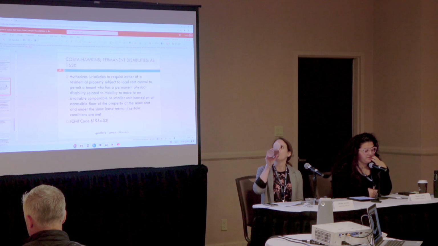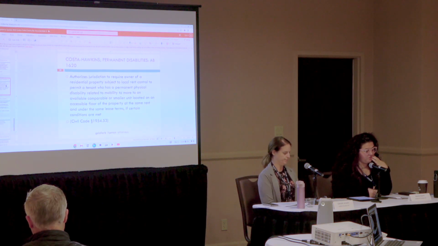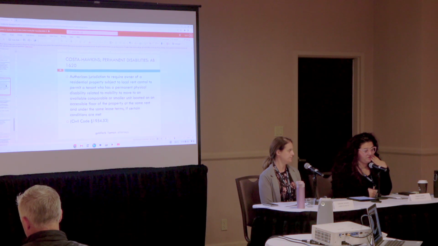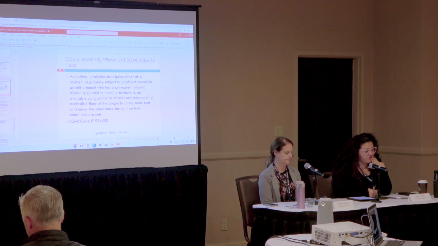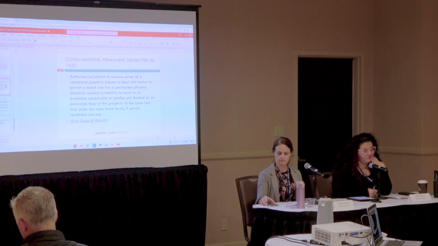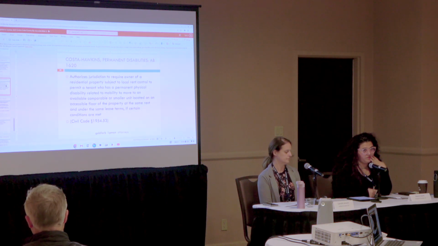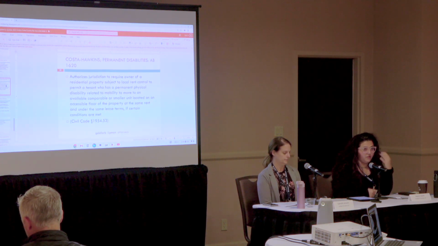Costa-Hawkins is a state law that did a number of things related to rent control and placing limitations on rent control by local jurisdictions, including getting rid of what is called vacancy control, which was basically when a unit turned over from one tenant to the next. A lot of jurisdictions with rent control were saying you have to keep the same rental amount from one tenant to the next.